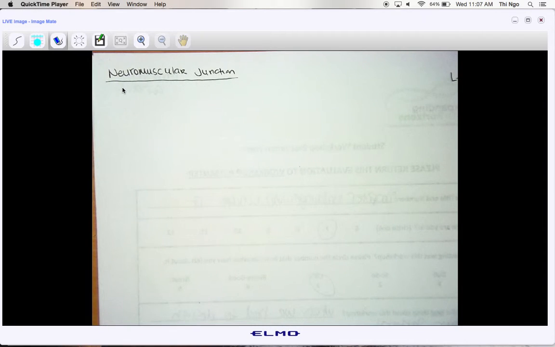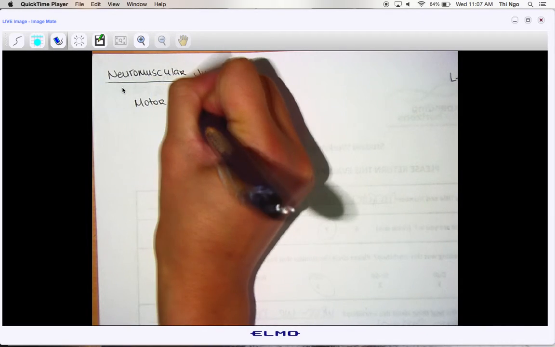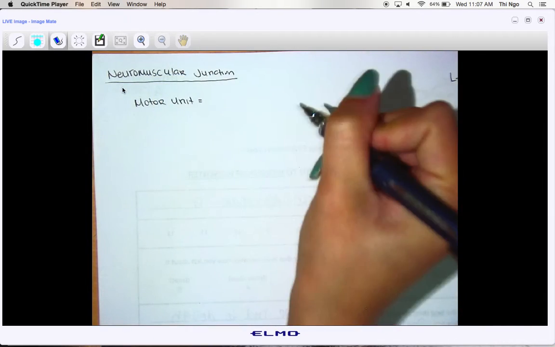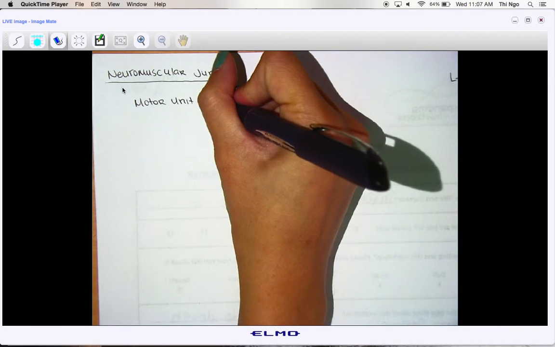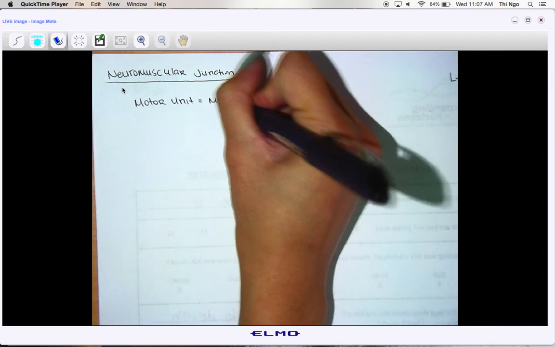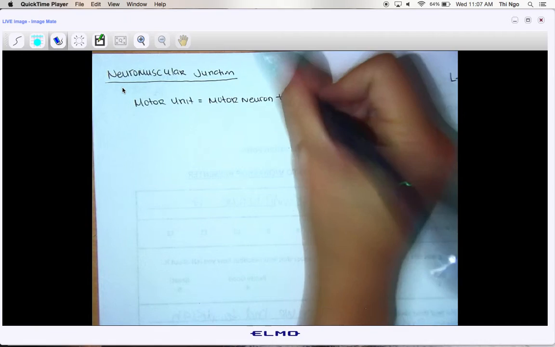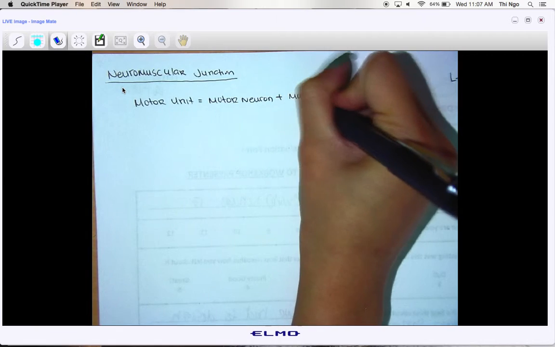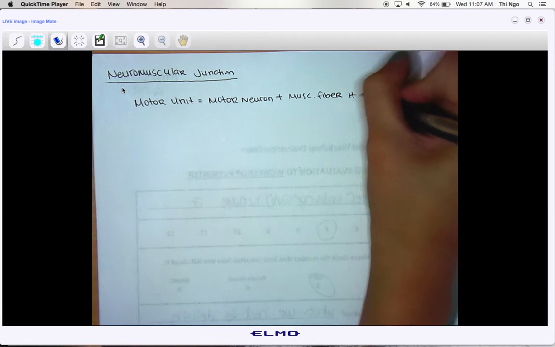So a neuromuscular junction is formed whenever you have a motor unit. A motor unit is a neuron plus a fiber. So specifically, it's a neuron called a motor neuron combined with all of the muscle fibers it controls.